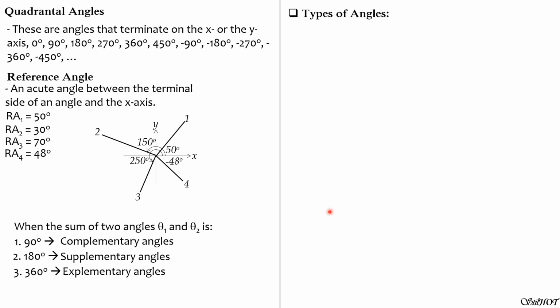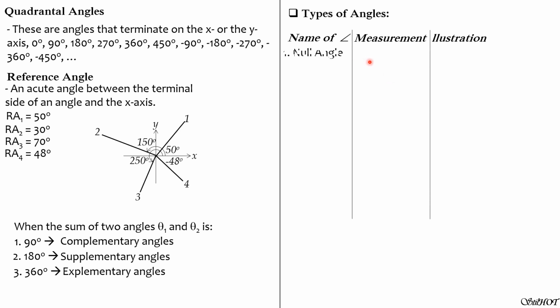Then let's illustrate types of angles. We also have to specify the measurement, and let's also illustrate. So we have the name of the angle, the measurement, and then the illustration. Null angle is 0 degrees, so theta is 0 degrees.